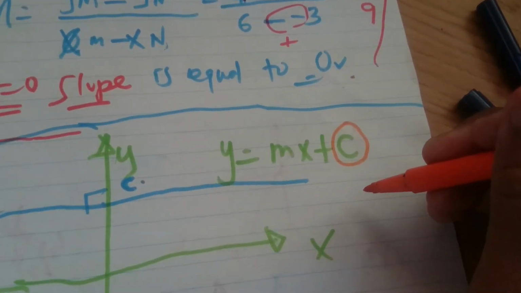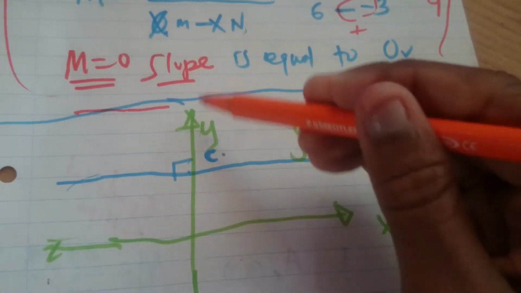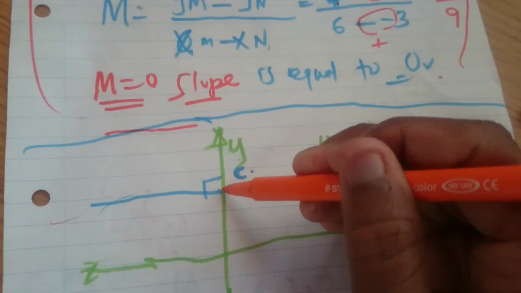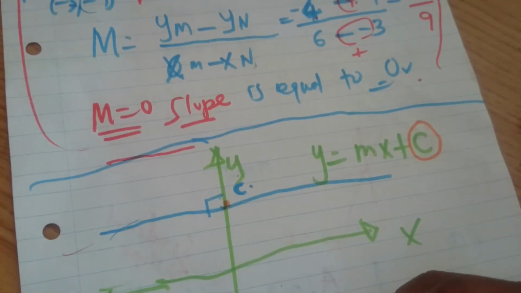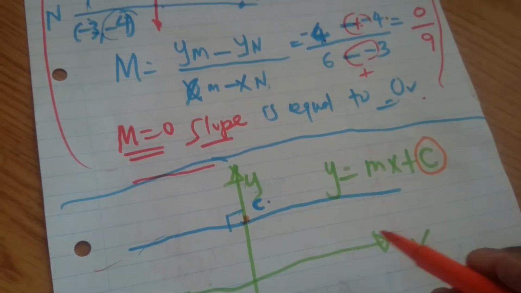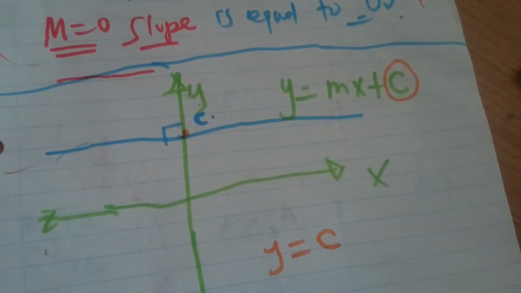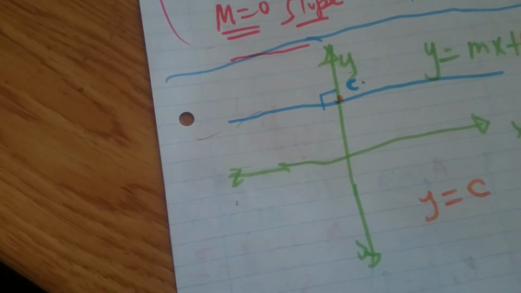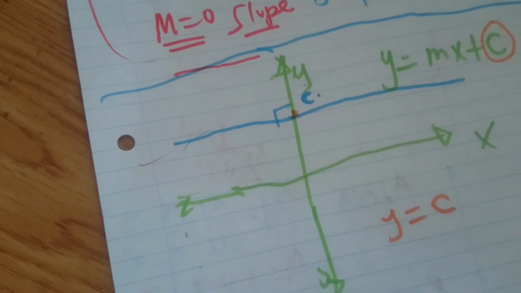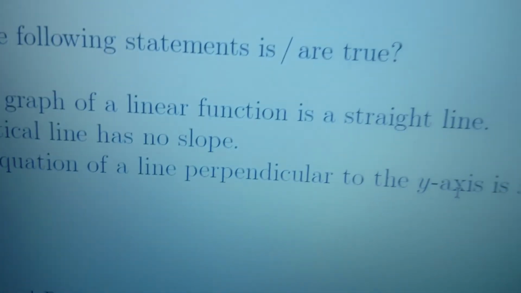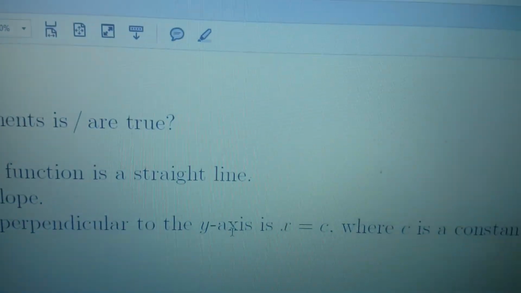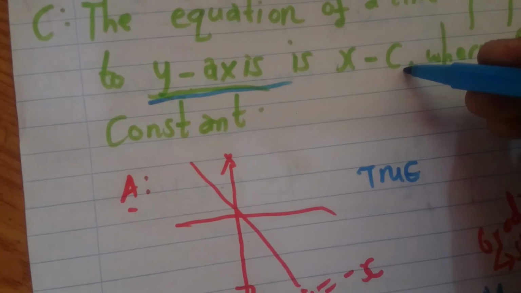Where is it going to cut? At y. If the line is perpendicular to the y-axis, it's going to cut at y. So y equals c and not x, which means this line does not cut at x. So going back to the question, they say perpendicular to the y-axis and x equals c. No, it's y equals c. So the last one is false.